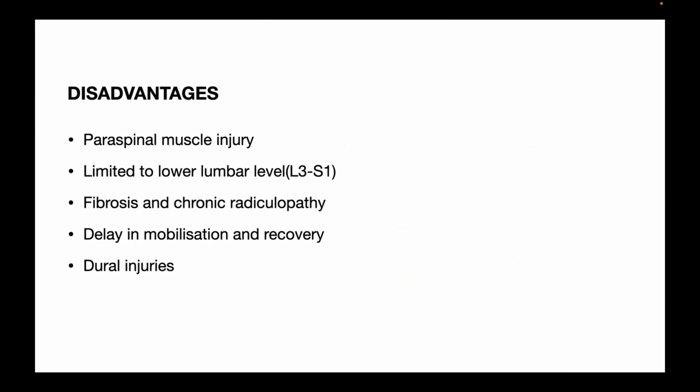Due to chronic retraction of the nerve roots, it may result in fibrosis or chronic radiculopathy. Since it's an open surgery and a wide laminectomy is done, there will be a delay in mobilization and recovery in the post-operative period. And since the posterior neural elements are exposed, dural injuries are much more likely.